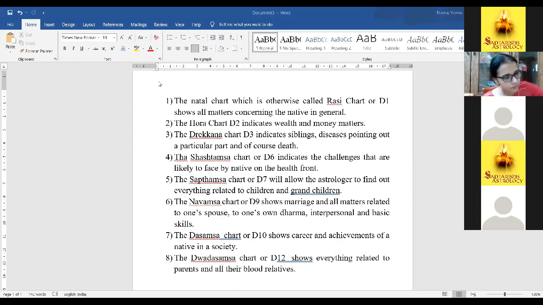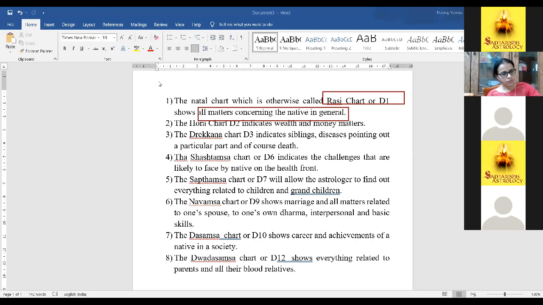See, we are all using the Rashi chart, the D1 chart. We use the D1 chart for all matters concerning the native, for all events. I think everybody knows about this.